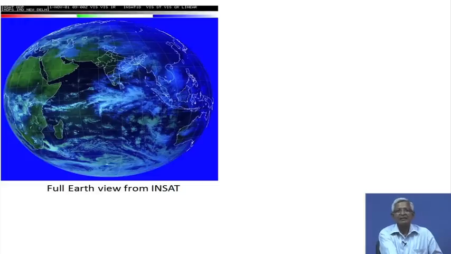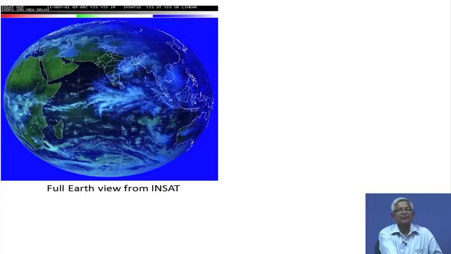Let us see, India has some satellites called INSAT, Indian National Satellite. This is a real picture from the satellite. If it looks at the earth, it looks like this over India, and this satellite is placed above the equator, with a full earth view. So, any place within this visibility can see the satellite, radio visibility, and the satellite can also see by radio.